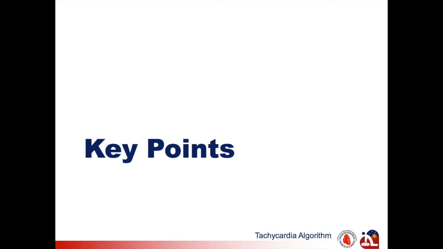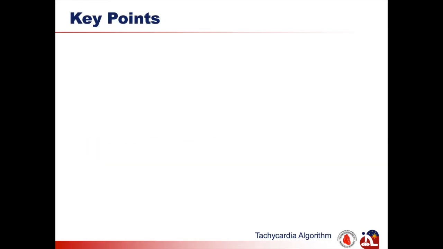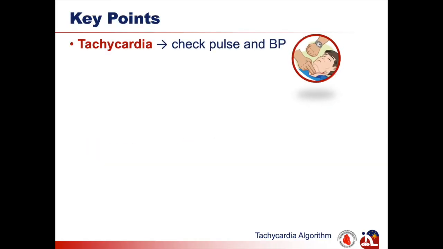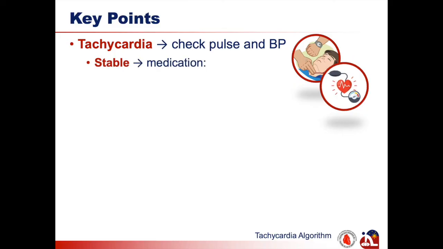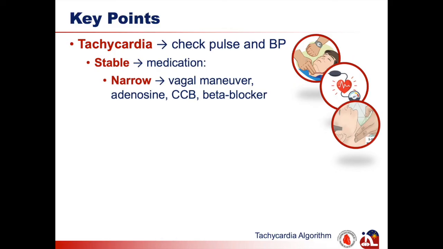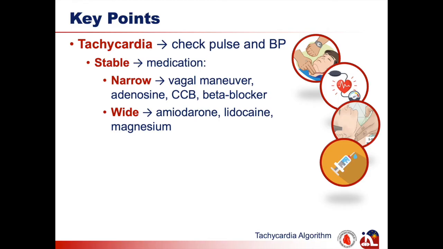Finally, do not forget these key points for managing tachycardia. First, always check for pulse and blood pressure. For stable tachycardia, you generally give drug therapy. For stable narrow QRS tachycardia, you can attempt vagal maneuvers in addition to giving medications. For stable wide QRS tachycardia, go for medications too.